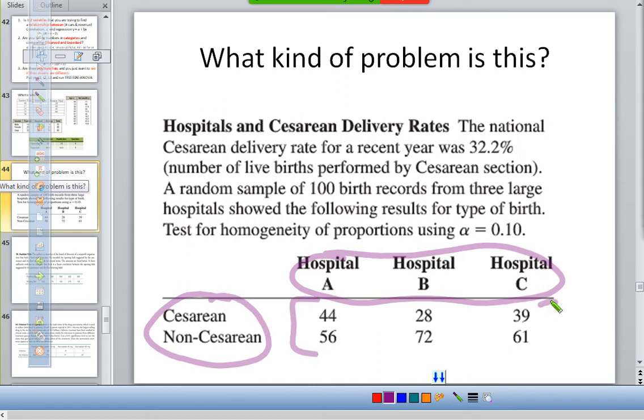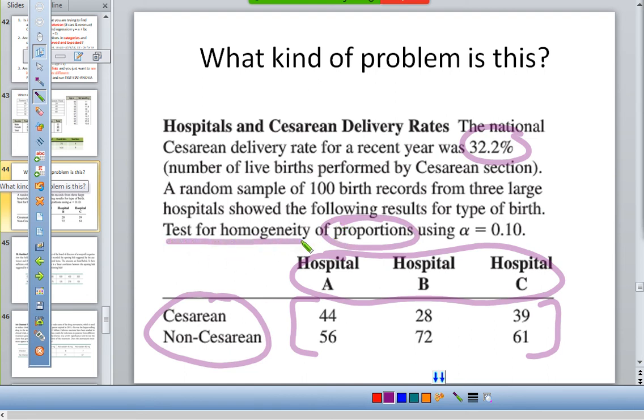Yep, so this is a matrix. The other way you know is that you see this percentage here? Percentages are always going to be chi-squareds. So that's another hint. And then see the word proportions here? Ooh, proportions. The test for homogeneity of proportions, well, that's kind of a hint.